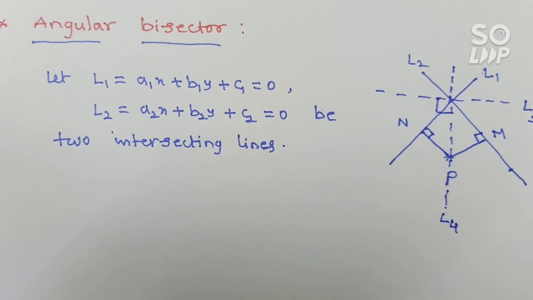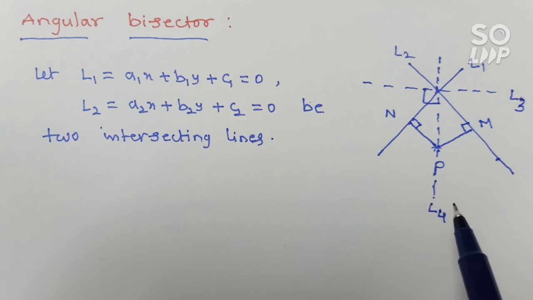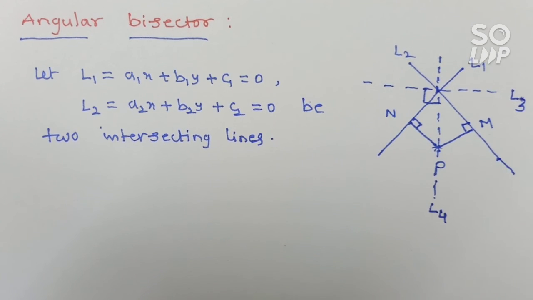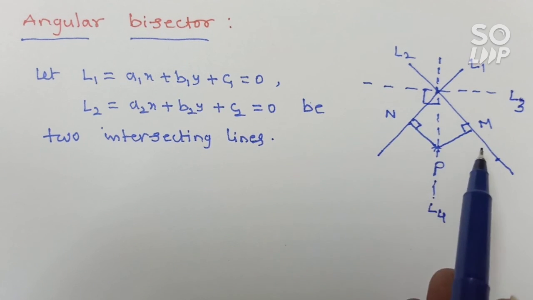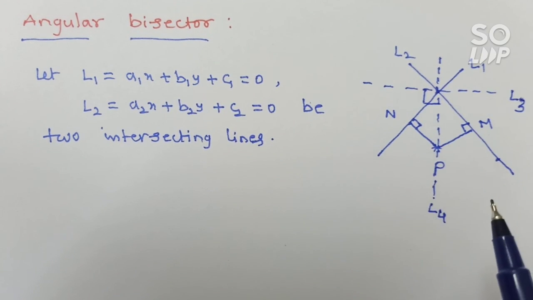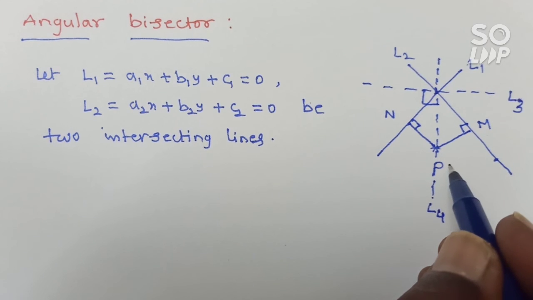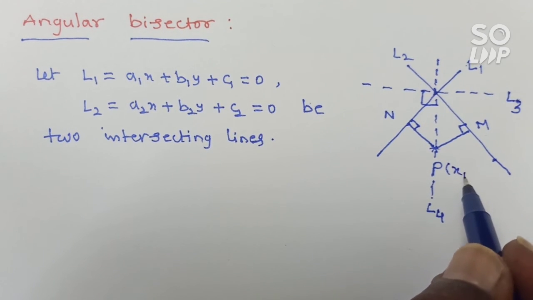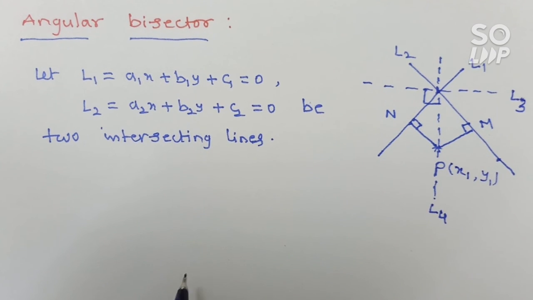From this figure you can say that L1, L2, L3, L4 are passing through the same point. That means the given lines and the angular bisectors of those lines are always concurrent lines. Take this point as P equals x1, y1.